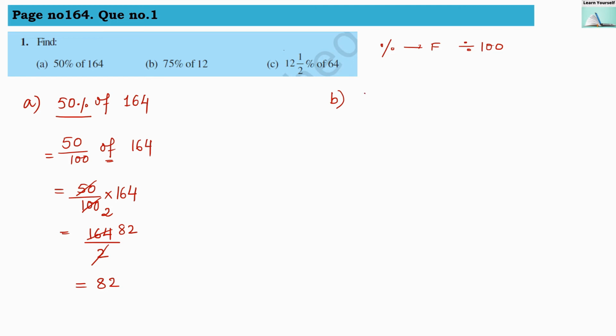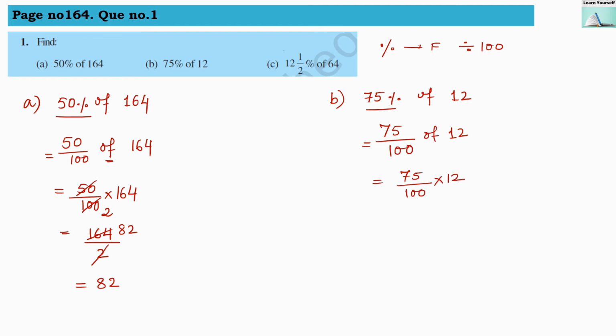B numerical. 75% of 12. Let us convert this into a fraction. So 75 divided by 100, percentage to fraction, of 12. Of we convert into multiplication. So 75 divided by 100 into 12.